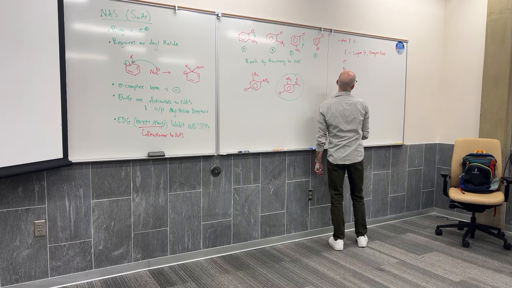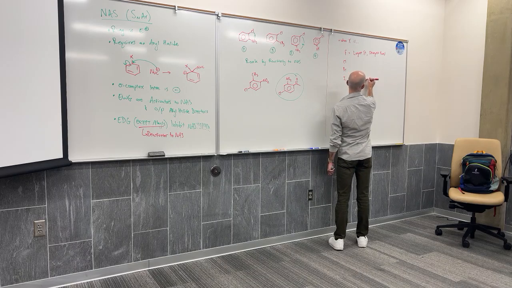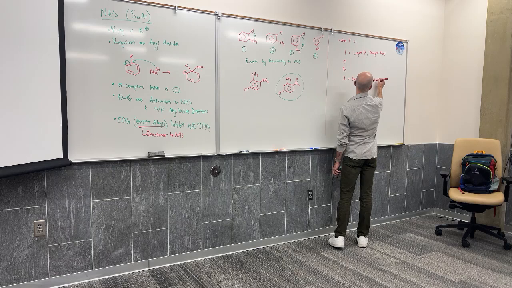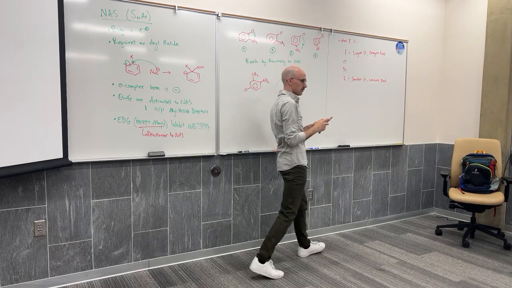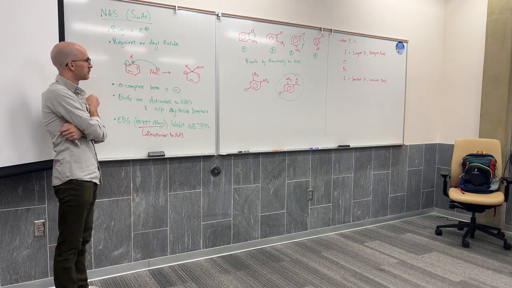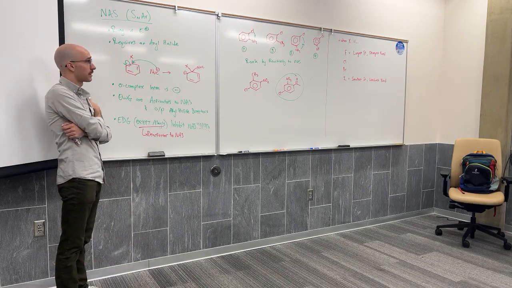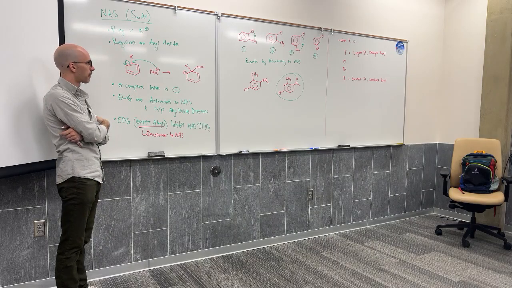Iodine puts the smallest partial positive on carbon, and it has the weakest bond. That's the order of the family: fluoro, chloro, bromo, iodo.